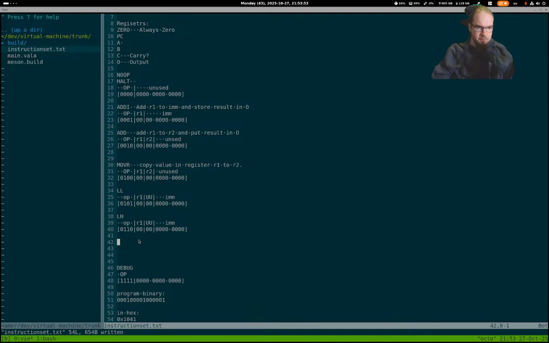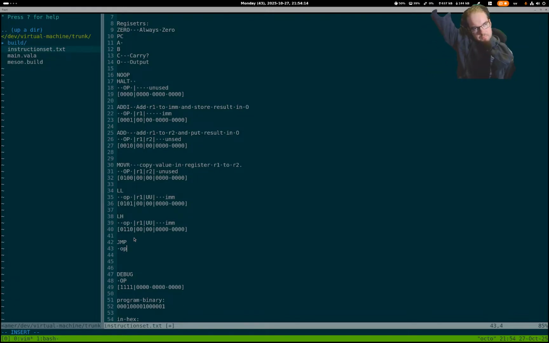And then we need the jump instruction, JMP. Op, and I need a register, basically only the register, I guess. This is a jump relative instruction. It would be basically loading a value and then just adding that to the current address.